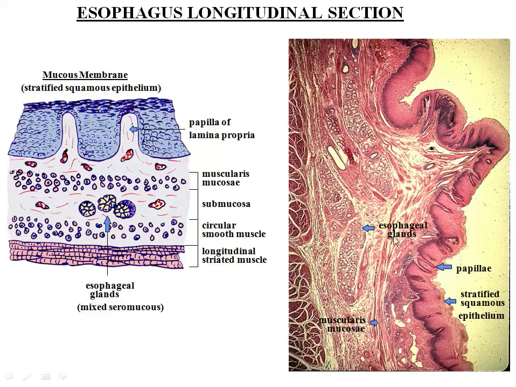This muscularis mucosa is here, and the external muscularis layer is here, which shows the circular muscle, and the longitudinal muscles are somewhere outside this picture. Now, the stratified squamous epithelial layer you can see on the outer side with these papillae or outgrowths of the lamina propria.